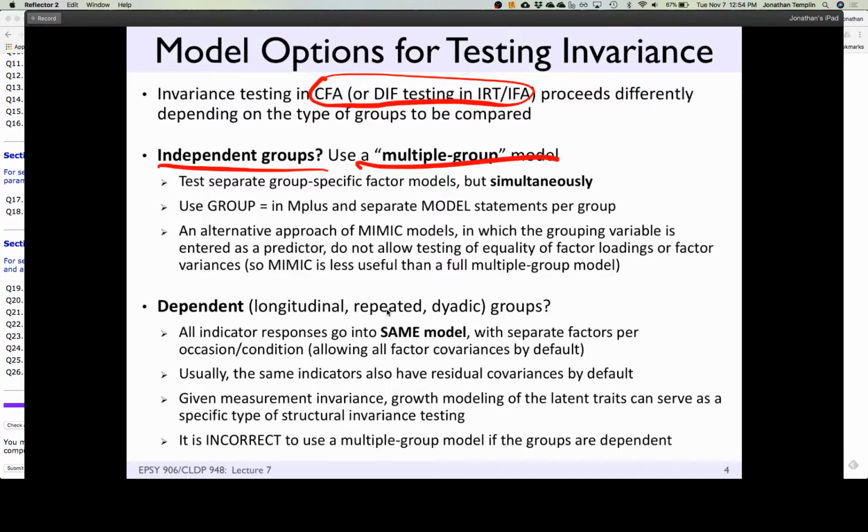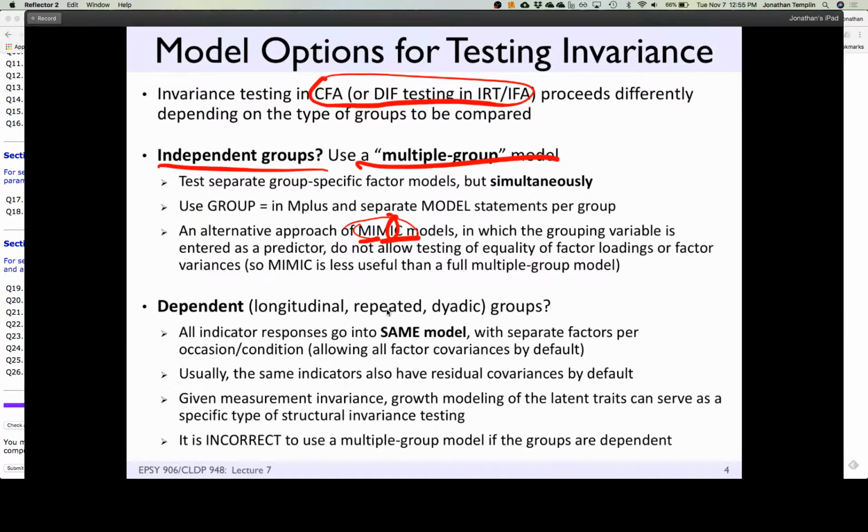There's an alternative set of models, the first type to come about, called MIMIC models, which stands for multiple indicator, multiple causes. It started with Jöreskog, I think, back in the 1970s, so it's been around a long time.